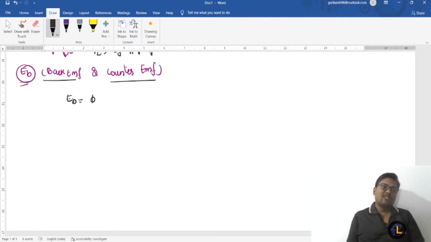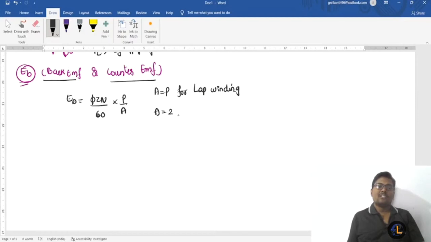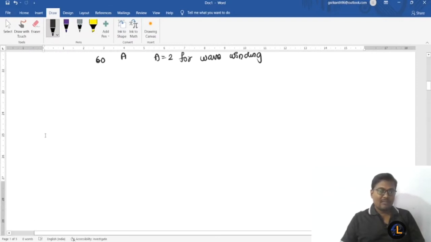And Eb is equal to phi Z N by 60 into P by A. Same formula: A is equal to P for lap winding, and A is equal to 2 for wave winding. In a generator we call it the generated EMF, but in a DC motor we call it the back EMF or counter EMF. That is the importance of the EMF.